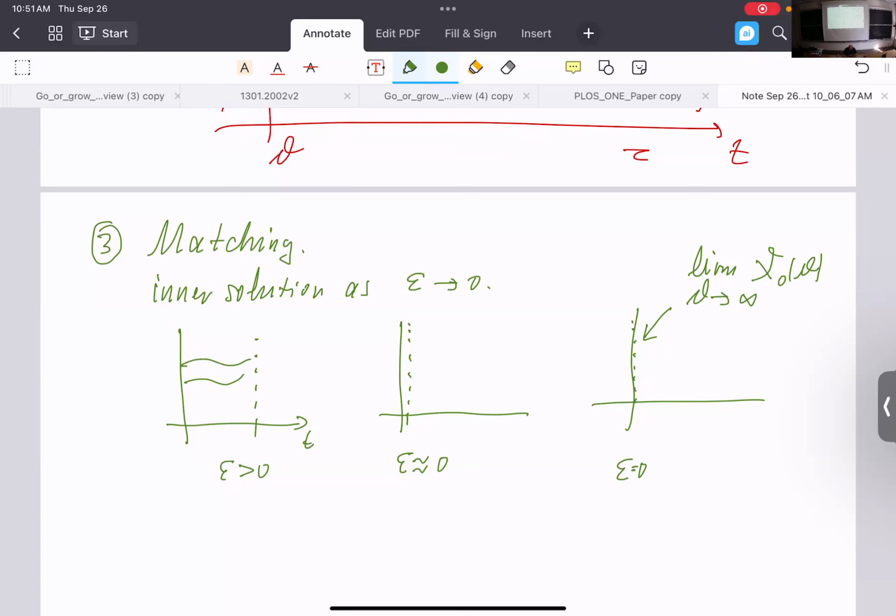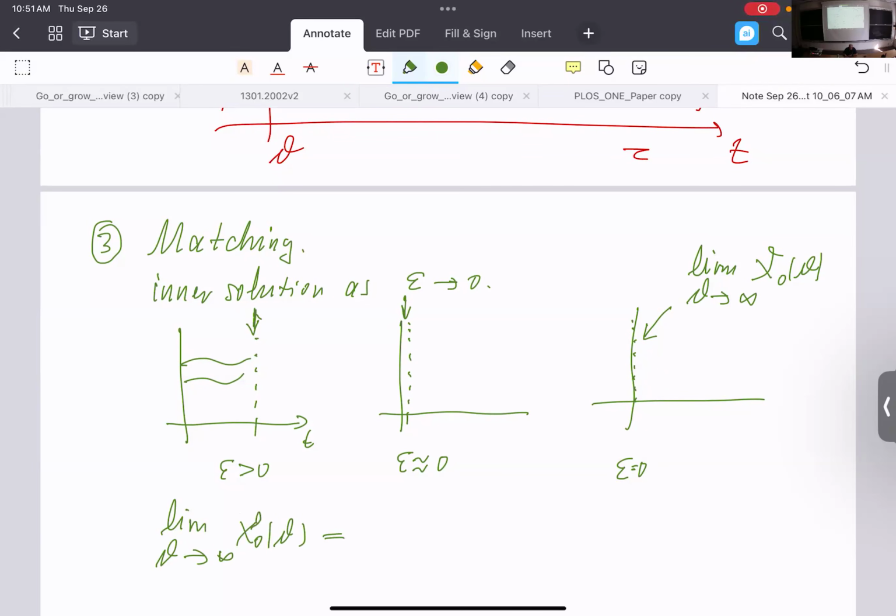So where am I? Limit theta to infinity. So to get to this boundary here, as epsilon becomes super small, this corresponds to sending theta to infinity. Okay, let's look at this limit. Limit theta to infinity of X0 of theta. Well, capital X0, right?